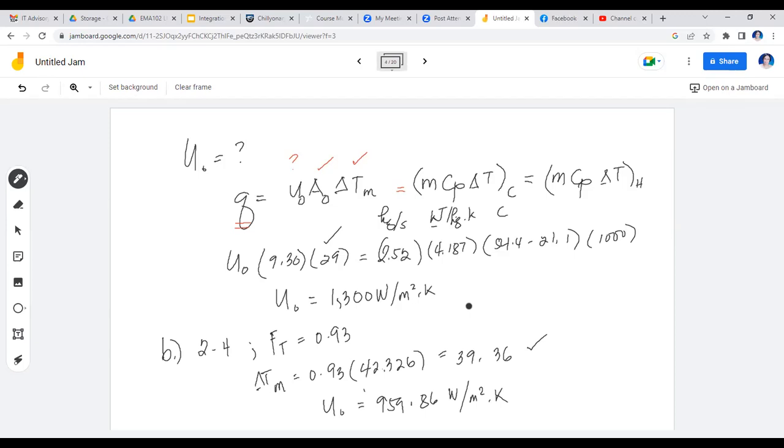So the heat transfer rate for the 2-4 type of shell and tube heat exchanger capitalizes more on the delta T compared to that of the 1-2 shell and tube heat exchanger. So greater ang delta T mean sang 2-4 kaysa sa delta T mean sang 1-2 heat exchanger.